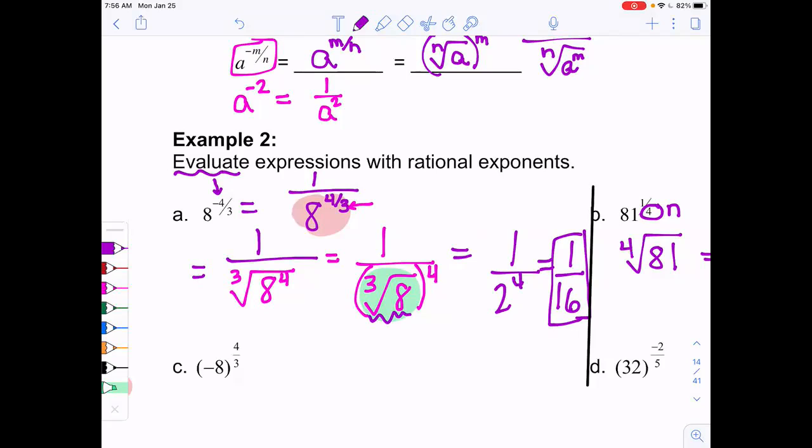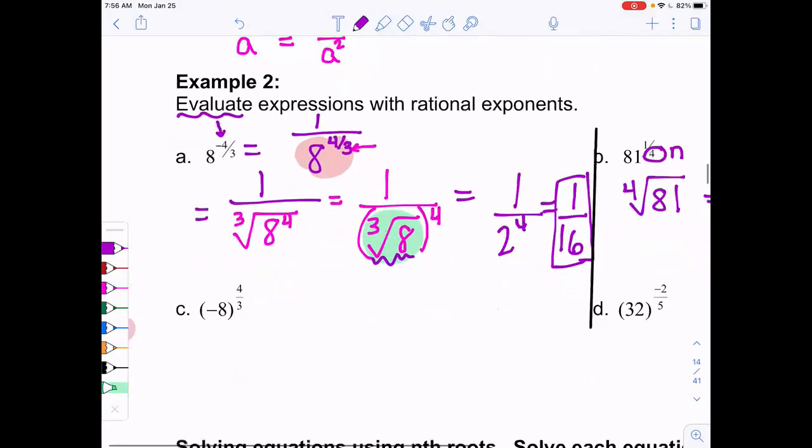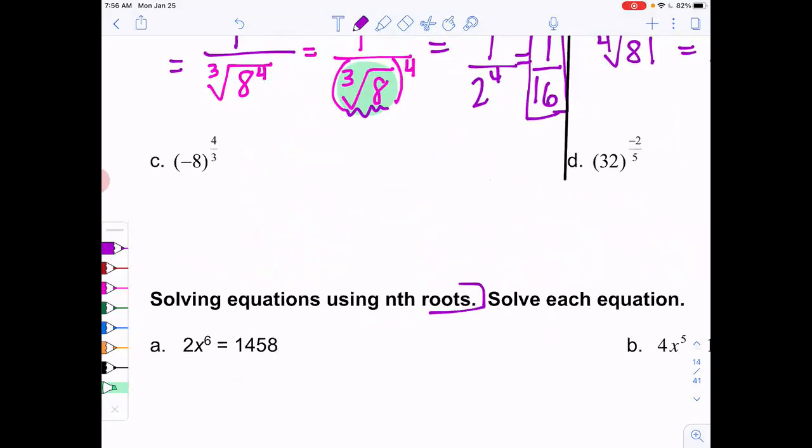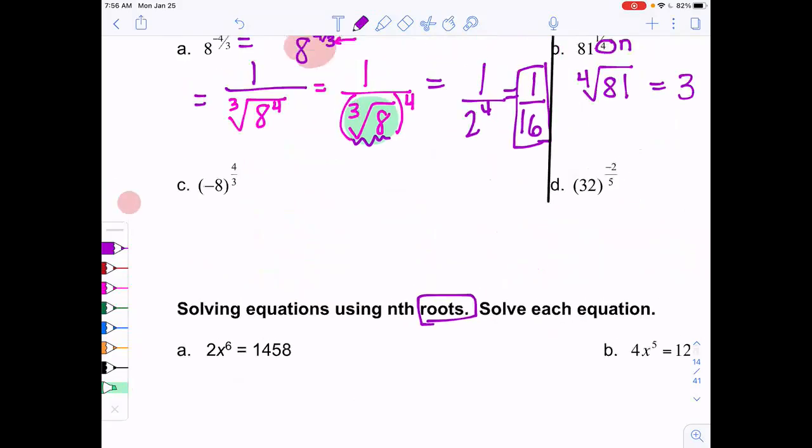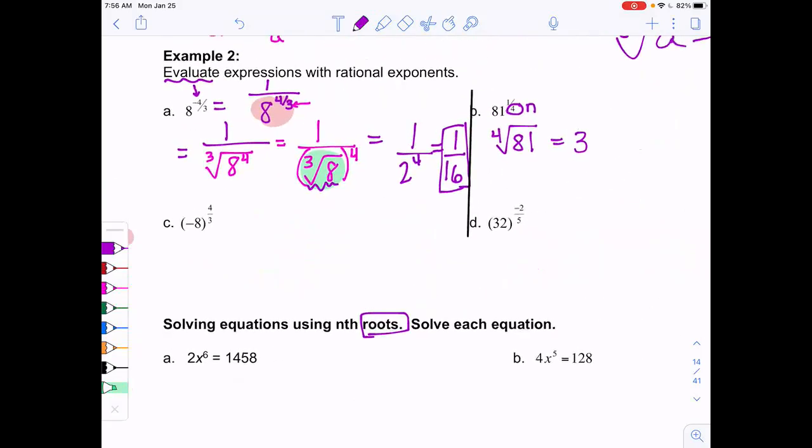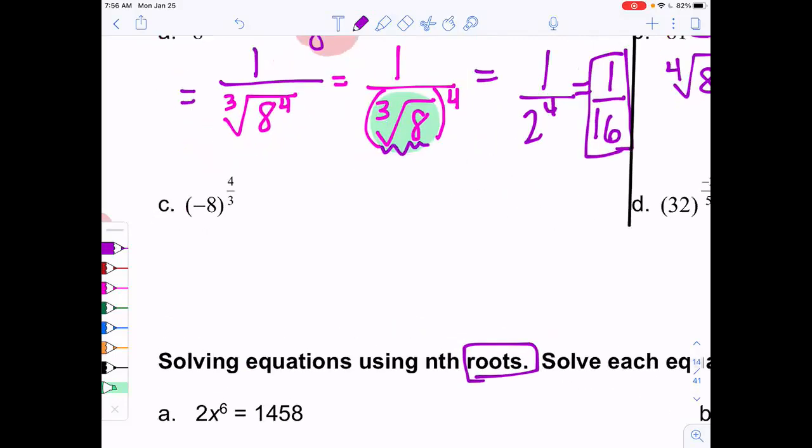So sometimes you do, sometimes you don't. You're going to have to look at the directions, but that's a really good question to think about. So if it says find the roots, like my question 3 underneath says find the roots, that's when we worry about the plus or minus. If it says to evaluate, then it's just that value that's given. Does that make sense? It's kind of like sometimes you do, sometimes you don't, depending on what the directions are asking. Yeah, that makes sense. Okay, good to bring that up. Nice job thinking on it.